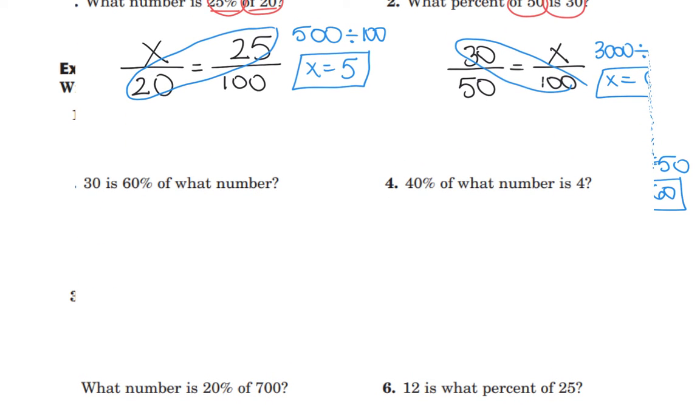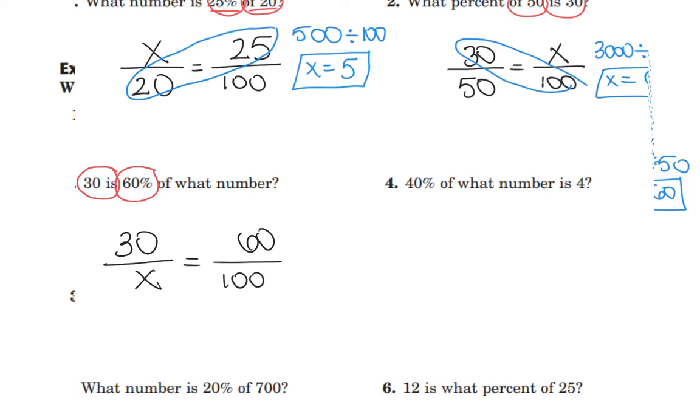Okay, number 3. 30 is 60% of what number? So I'm going to set up my percent proportion, put my 100 in the bottom right, and now look for clues in the problem. So I see 30 is 60% of what number? So "30 is" means 30 is the part. So it goes in the top left. 60%, the percent always goes top right over the 100.